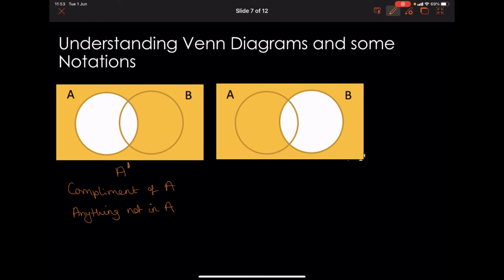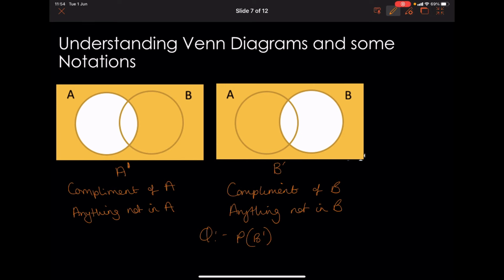Now, the next one would be exactly the opposite. This one is saying anything that isn't in B. So we call this the complement of B. So anything not in B. Again, the exam question could be, what is the probability of something not being in B?